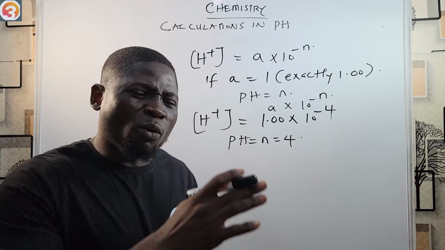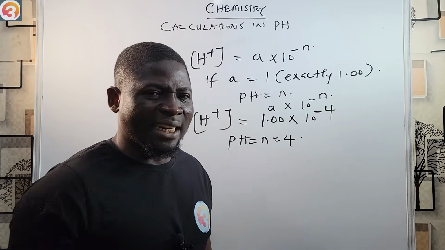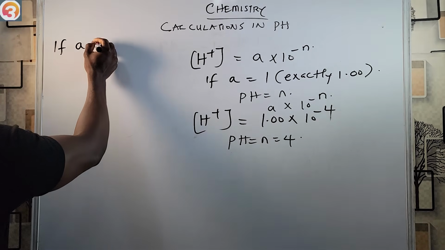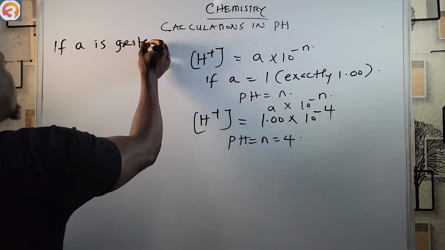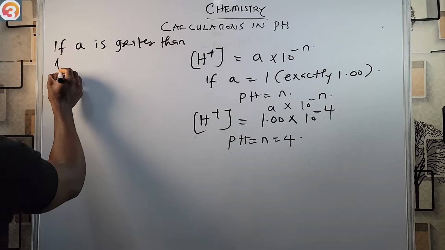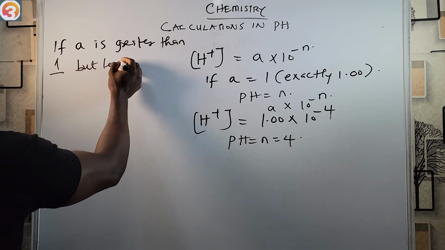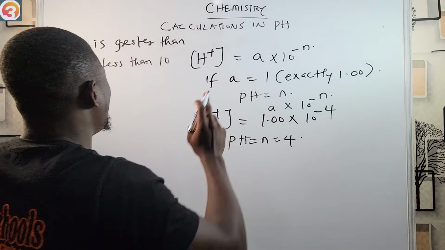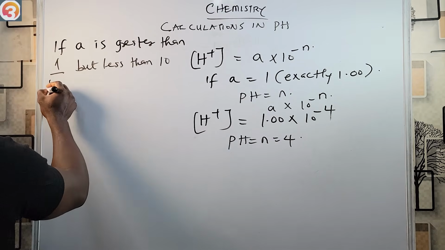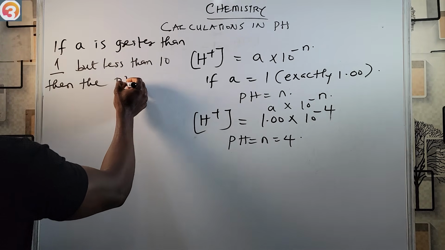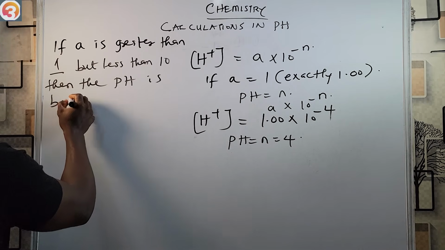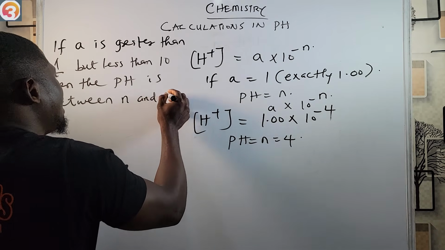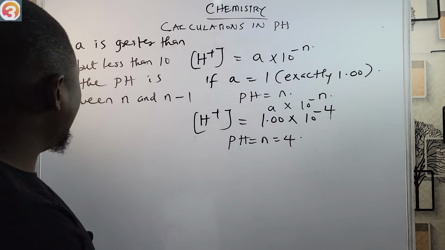If A is greater than 1 but less than 10, listen, then the pH is between N and N minus 1.